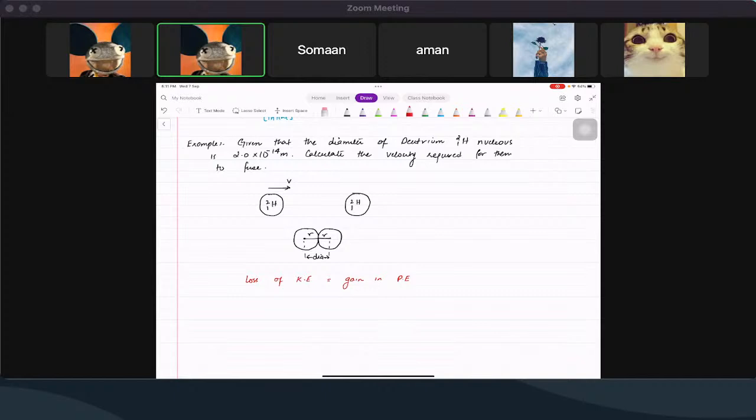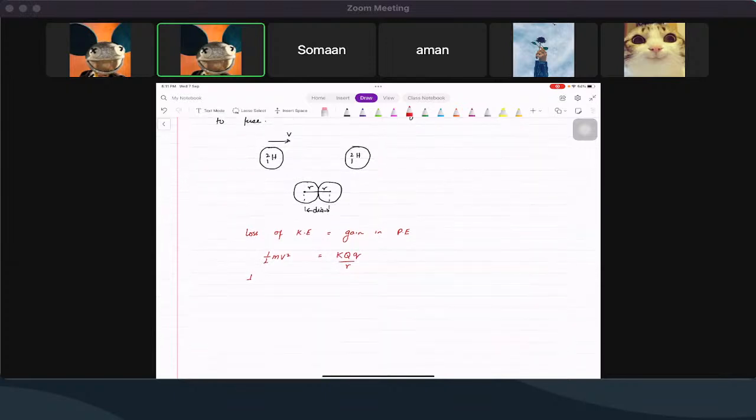Okay, so it's basically half mv squared equals kq over r. So now we'll do half times 2u. 2u is basically 1.66 times 10 raised to minus 27, and the velocity is required. K is 8.99 times 10 raised to 9.